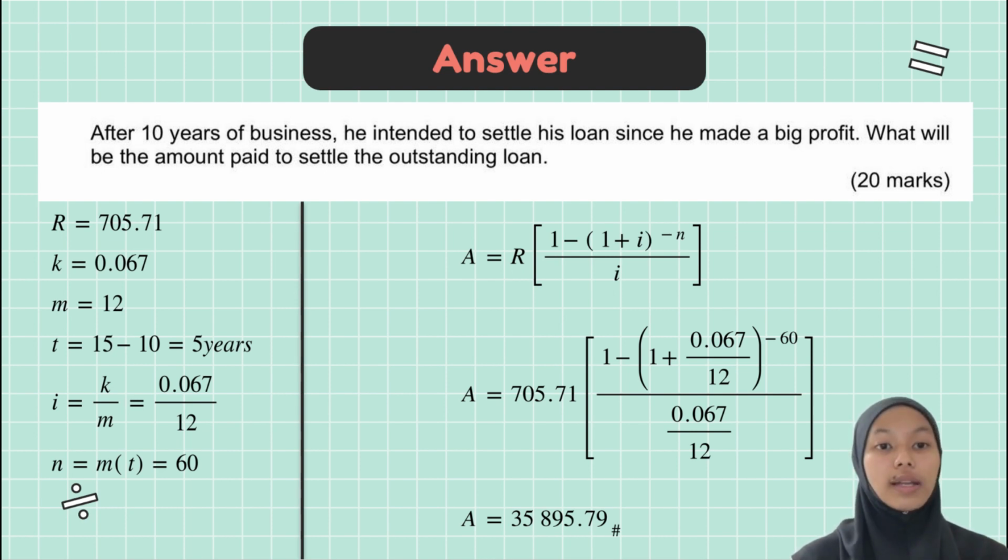After we calculate it, the answer that we got is 35,895.79. So this is the value that Mr. Zack has to pay. That's all from me. Thank you.